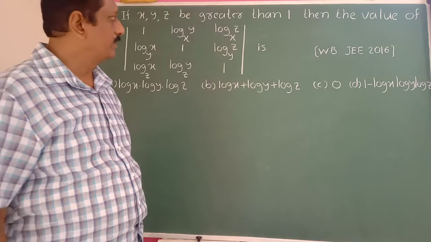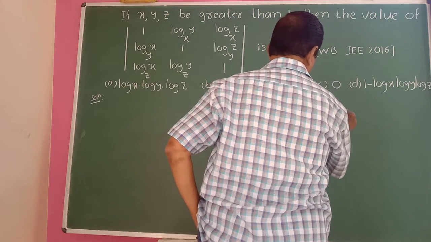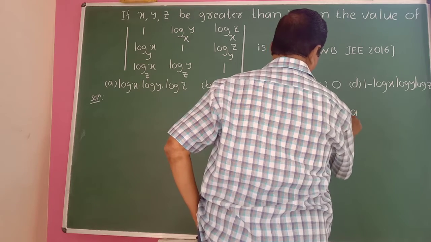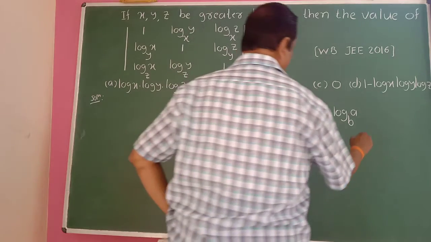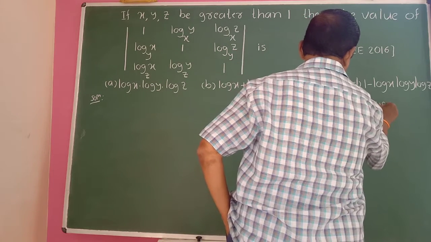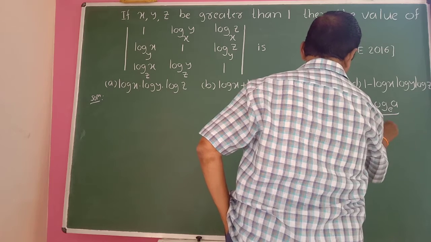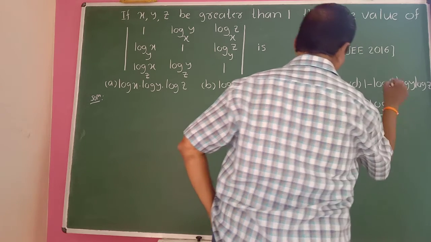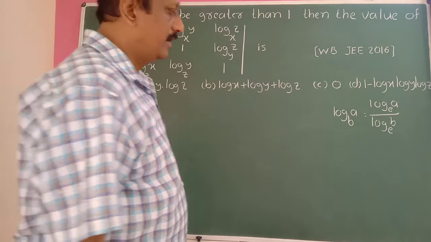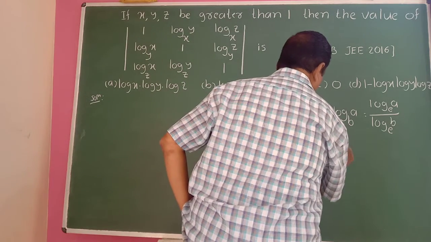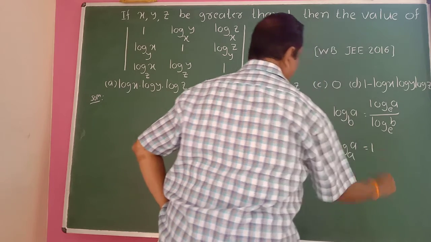Okay, you know that there is one property here, log of a to the base b can be written as log of a to the base e divided by log of b to the base e. This is a property of logarithm here. And also log of e to the base e is always 1 here.